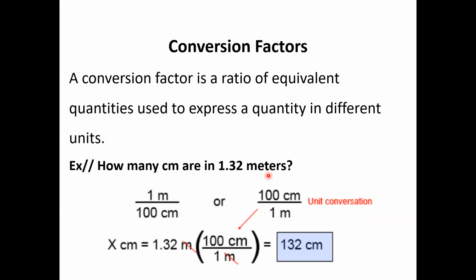The meter is the big quantity and the centimeter is the smaller one. We have to convert from the big one to the small one. We just need to multiply the amount by the factor. 1 meter equals 100 centimeters, so we multiply 1.32 by 100 and the result is 132 centimeters.